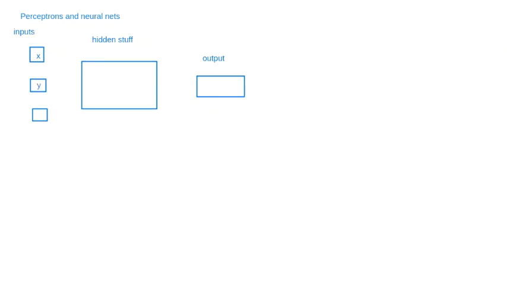So we would have something like our inputs were X, Y, and 1 as that default for bias. And all of that feeds into our hidden layer where the calculations take place, and then that leads to the output.